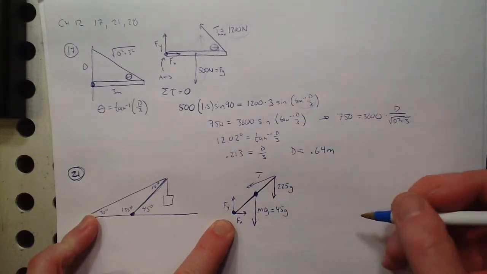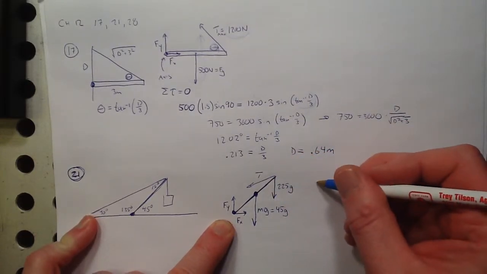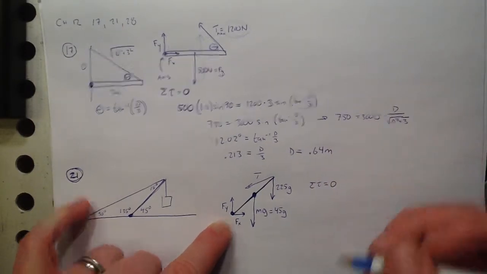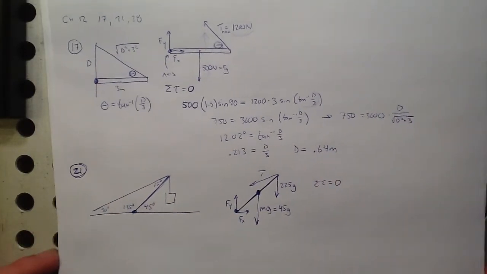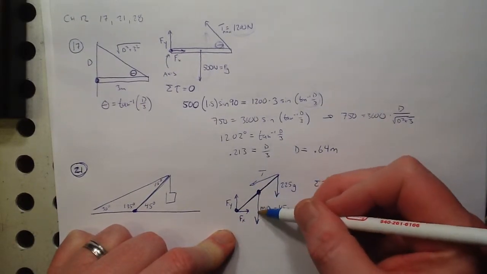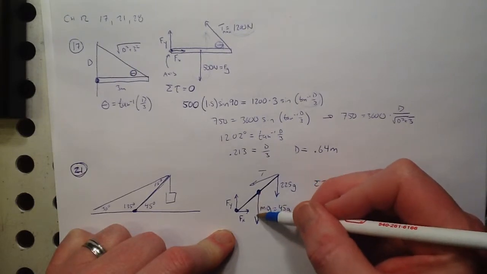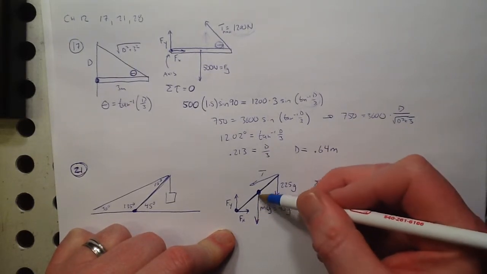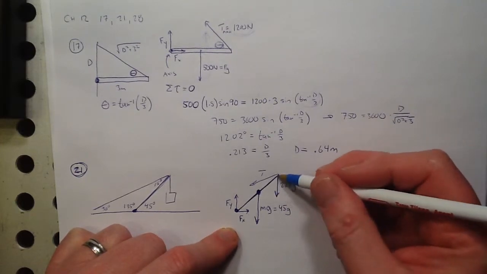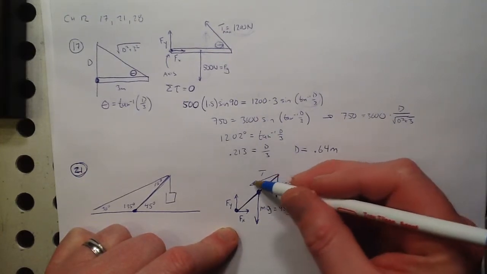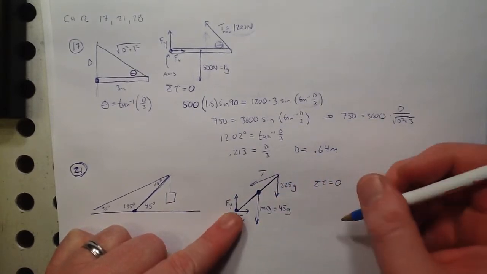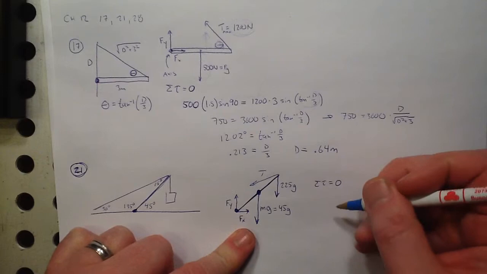Okay, so let's set up our net torque equation. The net torque on the strut is 0 because it is in rotational equilibrium. So that means we have two torques, the one from the mass of the strut itself and the one from the mass hanging on the end of it. Those are trying to rotate it one way, and then the tension in the cable is trying to rotate it the other way. And those are in equilibrium. They're tied.